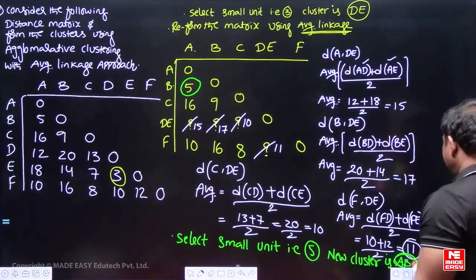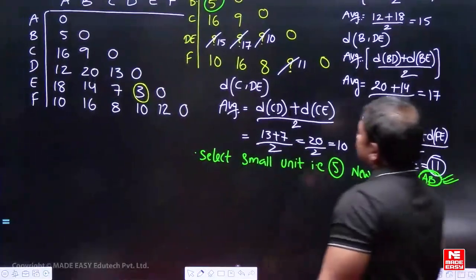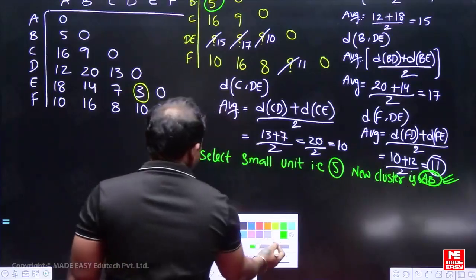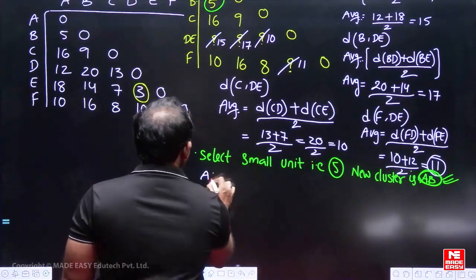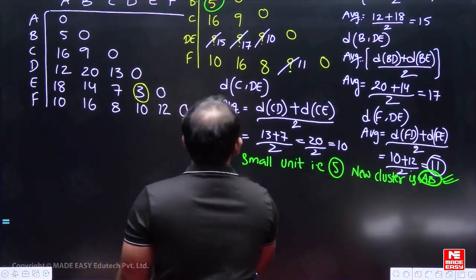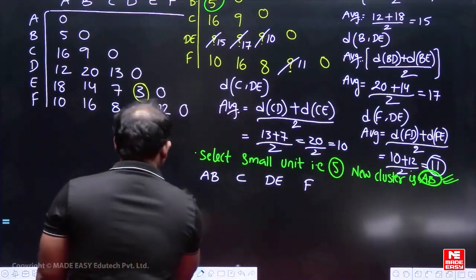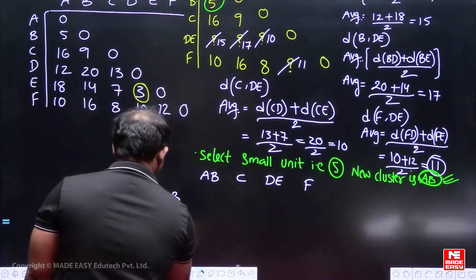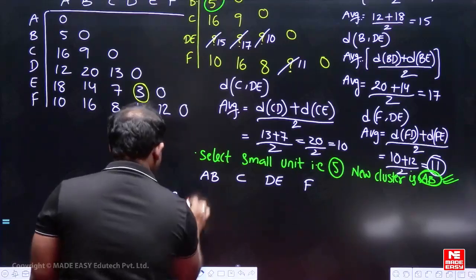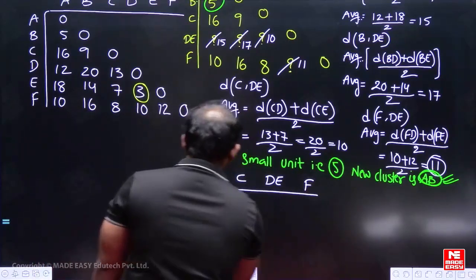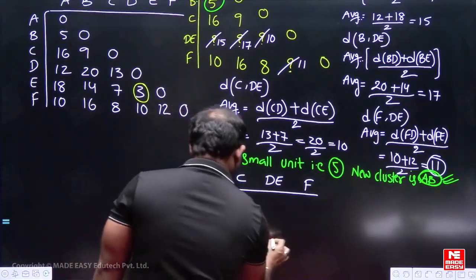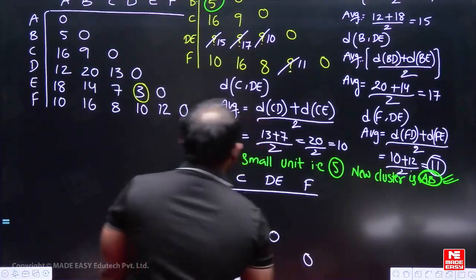Now reform the matrix like this. AB, C, DE, F. So as of now, two clusters formed, diagonal value will be 0 like this.